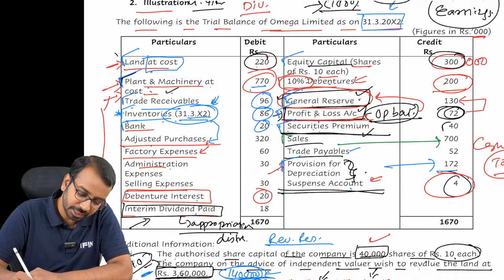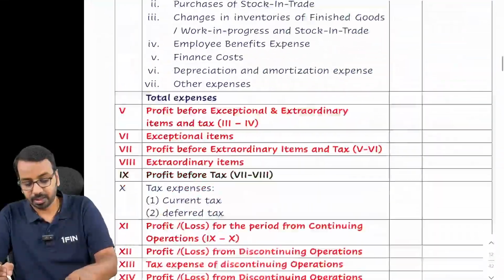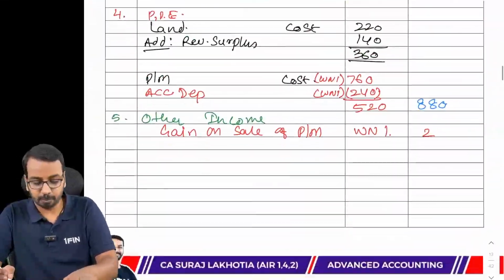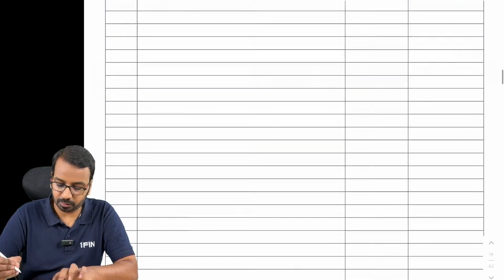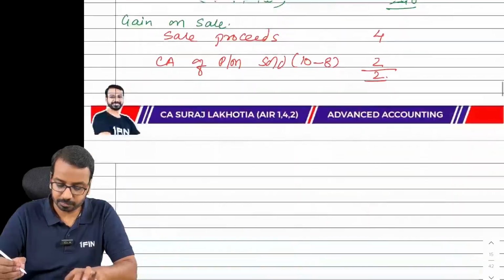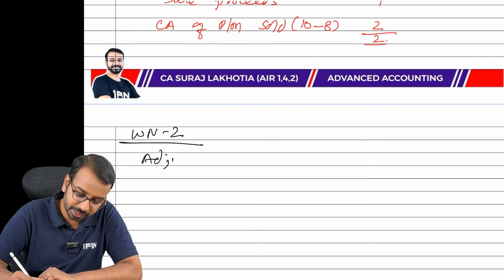So adjusted purchases is 320, inventory given to us is 86. Now here is where you have to pay attention. This adjusted purchases, this is working note number 2. What is this adjusted purchases?